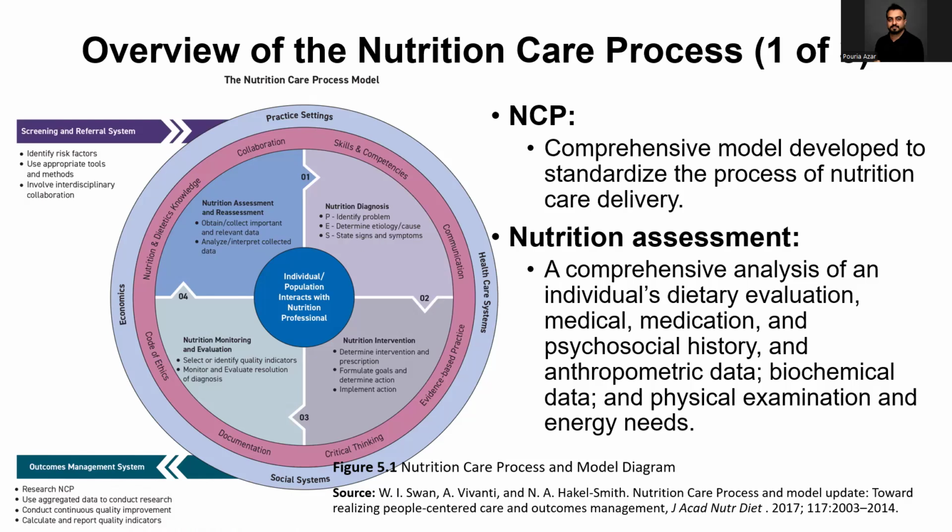So if nutrition problem is resolved, then there is no need to have nutrition reassessment. But if the problem persists, then we have to have nutrition reassessment after having nutrition monitoring and evaluation.